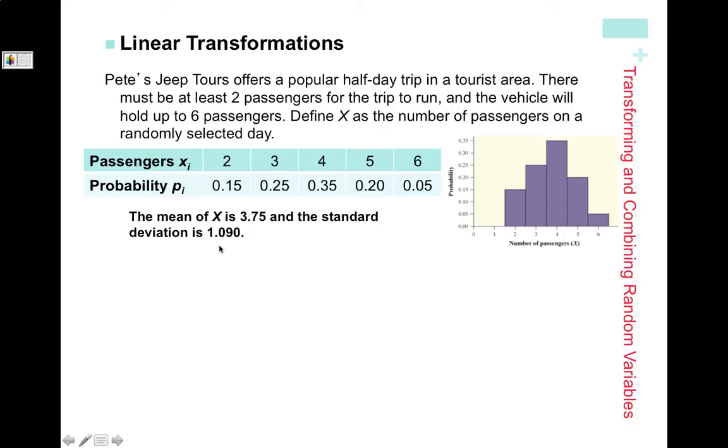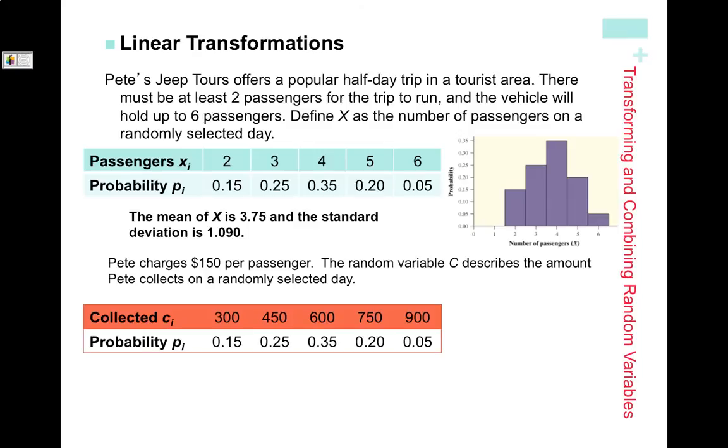We can calculate, using the skills of last section, the mean and the standard deviation. Now, we know that Pete charges $150 per passenger. Our new probability distribution would be 150 times these old values: 150 times 2, 150 times 3, 150 times 4, and so on.